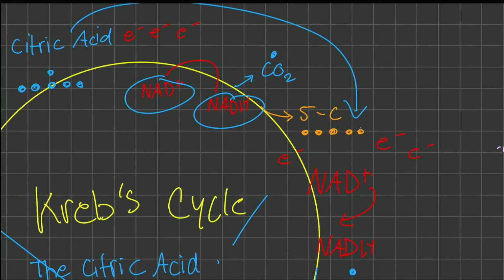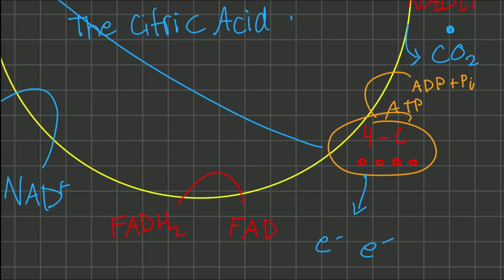Remember, reducing power. When we reduce, we're actually gaining energy. We're energizing these compounds. We're re-energizing this NAD plus to create NADH. High energy. Same goes for FADH. We're energizing this FAD to create FADH2. And at this point, they're high energy, and these molecules carry high energy electrons to the next step, the electron transport chain.